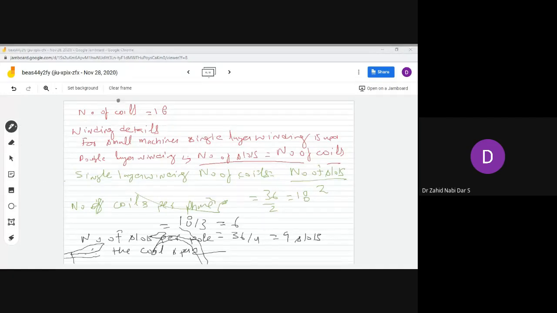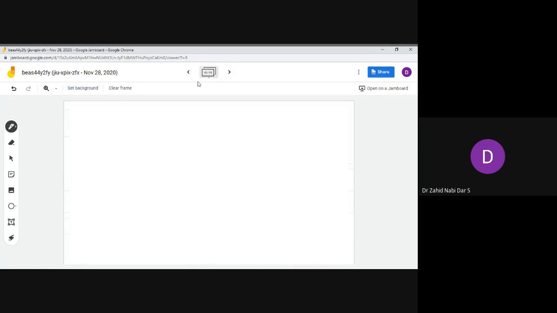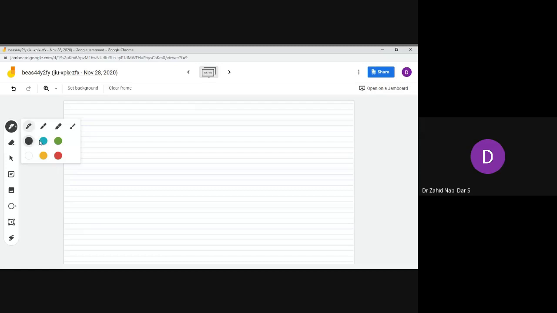Okay, I'll take it in the next slide. So that would mean the coil span is 9 slots.